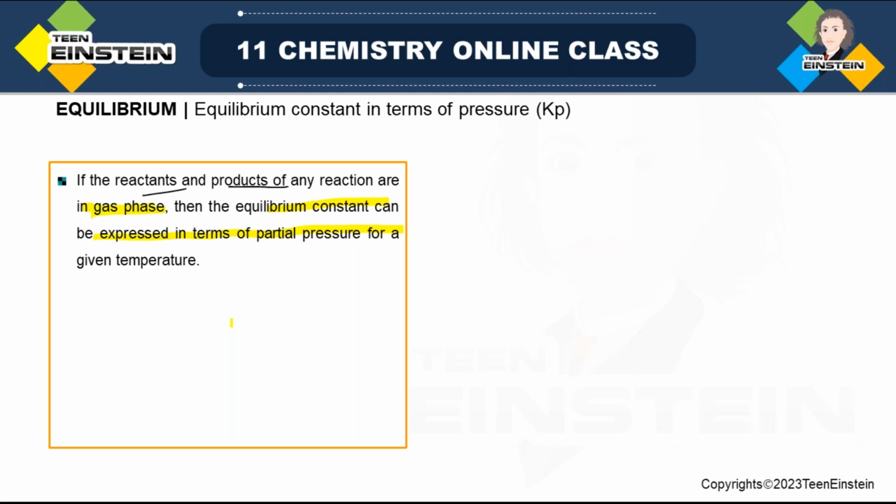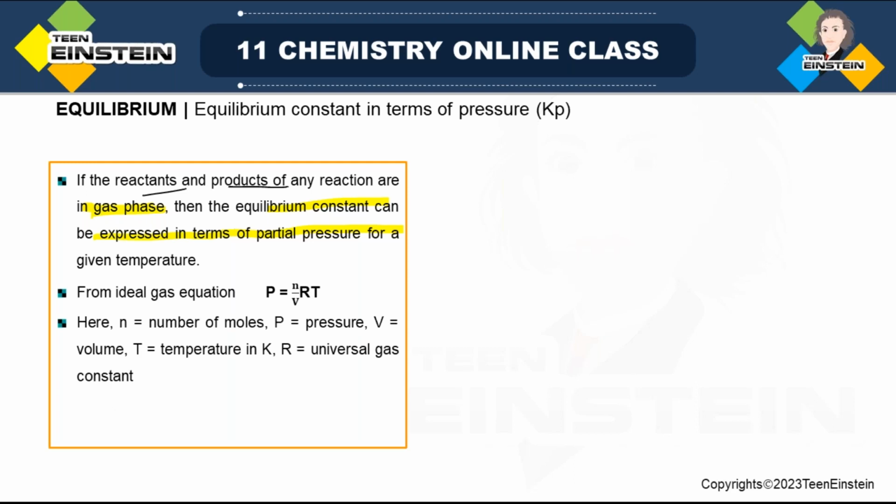So it is the same thing, you will just have to change the concentration terms in terms of pressure. That is the difference. Now how will we reach that? For that you have to use the ideal gas equation, which is PV equal to nRT. That means P equals n by V into RT.